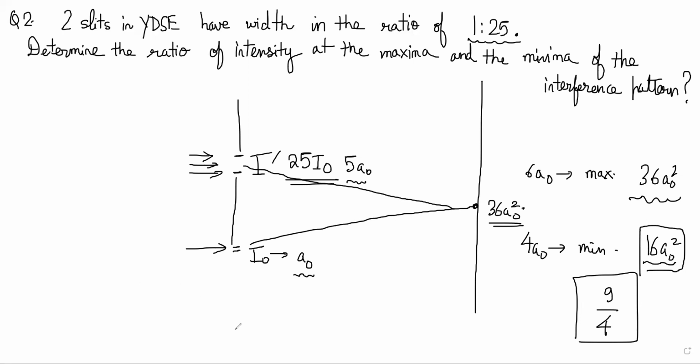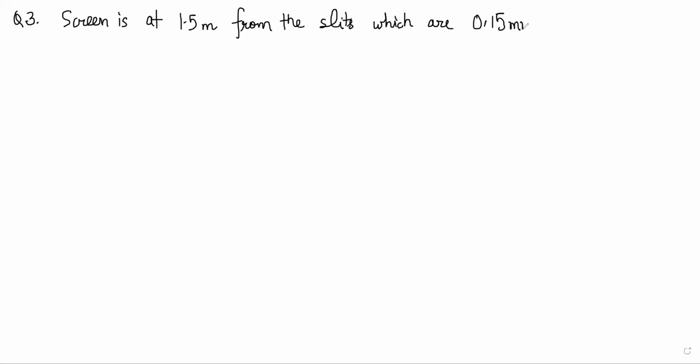Then next one is this. In Young's experiment, interference bands are produced on a screen. Screen is at 1.5 meter from the slits, which are 0.15 mm apart, and wavelength of light lambda is equal to 6,500 angstrom.